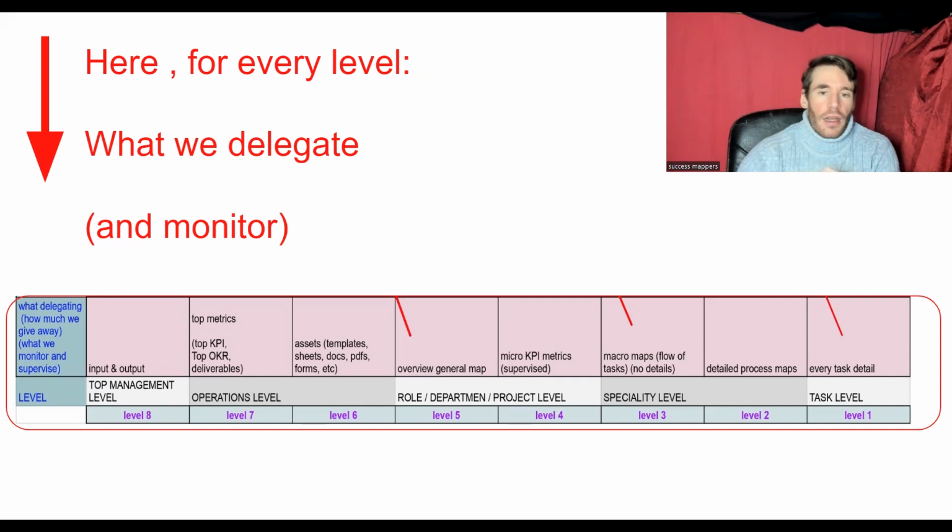For example, here they are going from experience of 1 year to experience of 2 or 3 years. For example, it's just an example. When you go from level 3 to level 4, you remove a more macro map with more details and with more flow of tasks, as we explain in the mapping in 6D video.